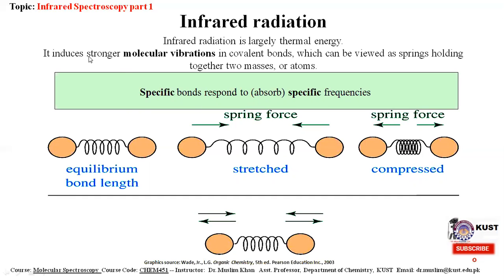Infrared radiation induces stronger molecular vibration in the covalent bond, which can be viewed as a spring holding together two masses or atoms. A specific bond responds to specific frequencies.